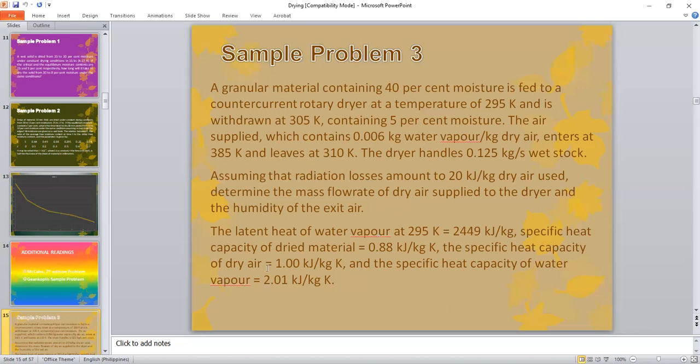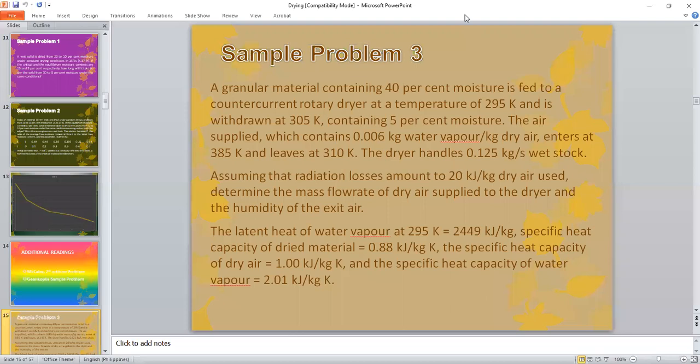Now, the specific heat capacity of dried material, our feed, which if dry has a specific heat of 0.88 kilojoule per kilogram Kelvin, and the specific heat capacity of dry air in particular is 1 kilojoule per kilogram Kelvin, and the specific heat of water vapor, so notice that it's separate, is 2.01 kilojoule per kilogram dry air.